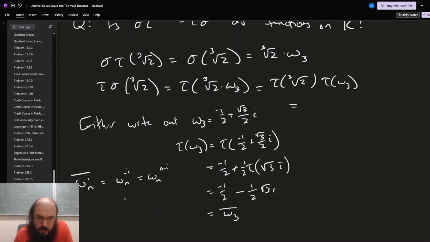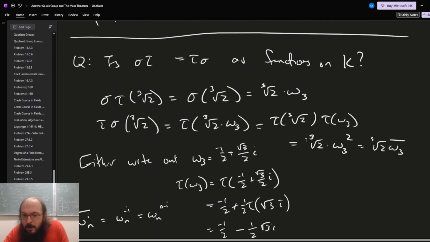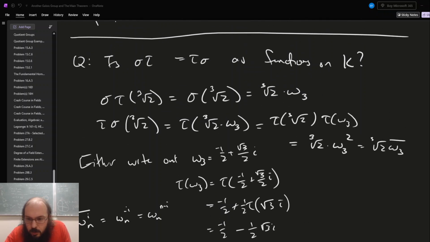And so therefore, omega 3 complex conjugate is the same thing as omega squared. So all of this was a lot of fancy words to say that what we get out of this is a cube root of 2, not times omega 3, but times omega 3 squared, or omega 3 complex conjugate, however you think about it. So regardless, what we've seen here is that these things are not the same.